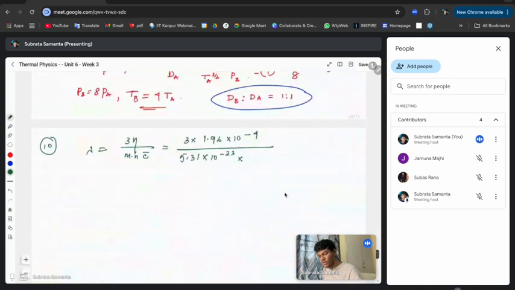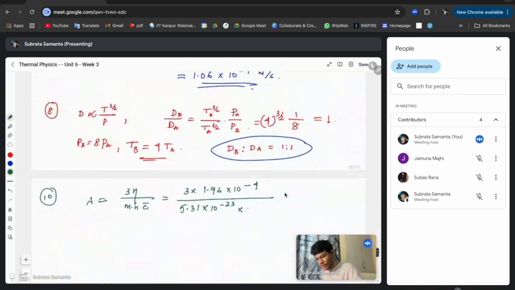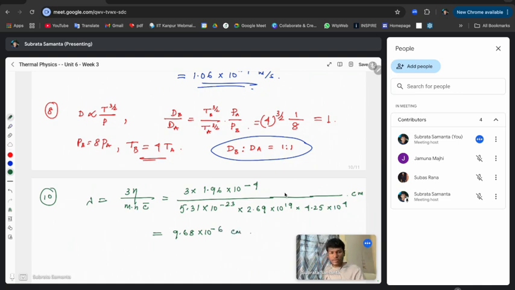So I'm just plugging this in: 2.69 times 10 to the power 19 times 4.25 times 10 to the power 4, and the overall unit in CGS is centimeter. So it gives 9.68 times 10 to the power minus 6 centimeter.